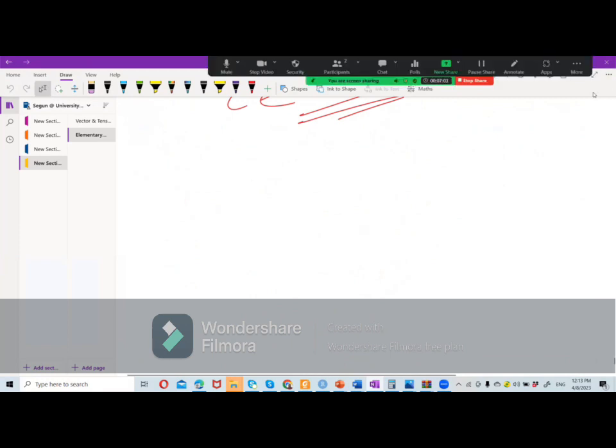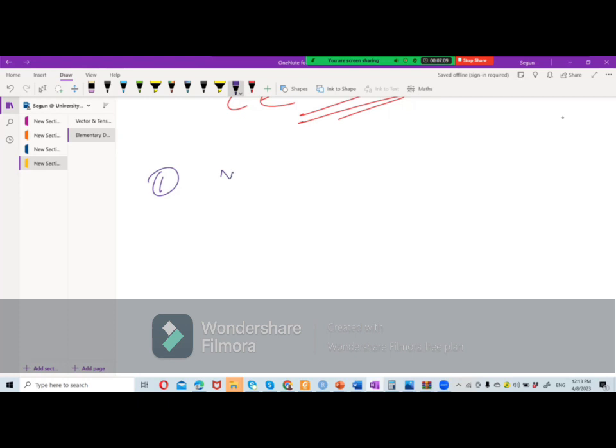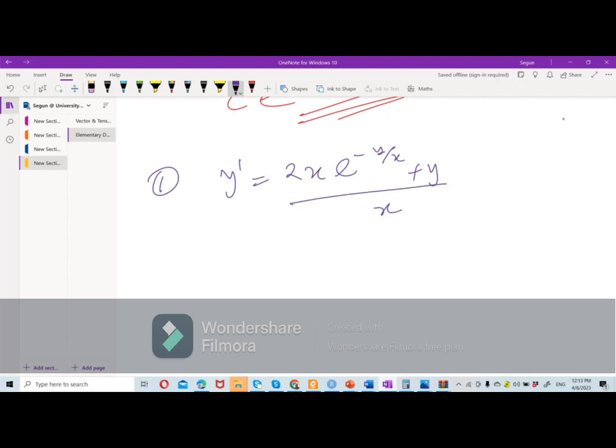So let's look at this question, question 1 for today. It says y prime equals 2x exponential minus y over x plus y, then all over x, with a boundary condition of 0, 1, and 0.